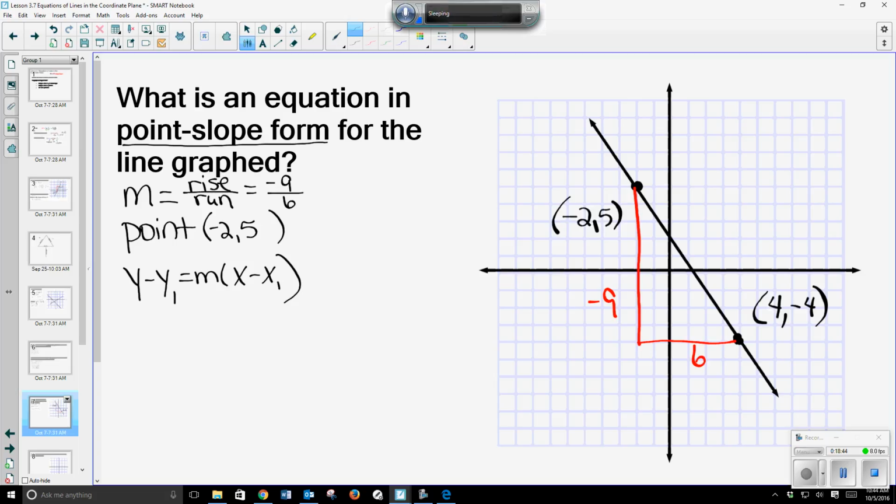Run is 6, which would give me -3/2. So that would be y minus y sub 1 is equal to m, -3/2, open parentheses, x minus a -2 would be x plus 2. Go ahead and change that.